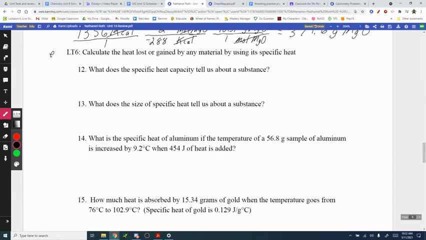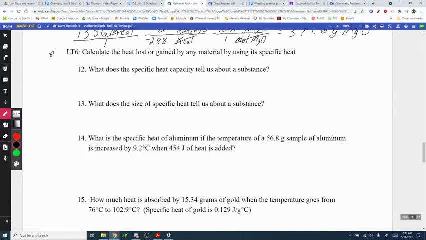All right, so next, the specific heat tells us about a substance. The specific heat tells us the amount of energy required to change 1 gram of that substance by 1 degree Celsius. So in a little bit more simplistic terms, it tells us how easily, quickly, and efficiently energy can transfer through that substance. If it's a large specific heat, that means it is difficult to change the temperature of the substance.